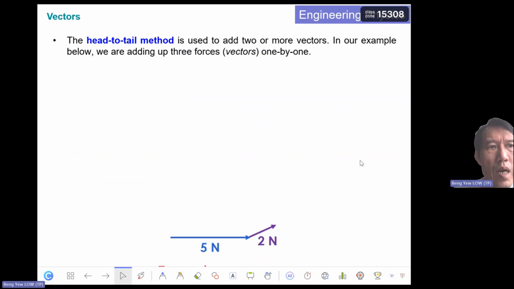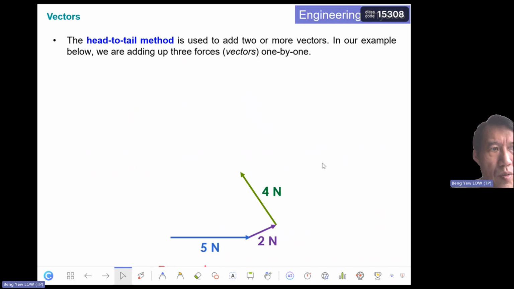In general, there are 2 methods of performing vector addition. The first is the head-to-tail method. Suppose you have 3 vectors, as shown in the diagram. You will join the tail of the second vector to the head of the first vector, and the tail of the third vector to the head of the second vector.